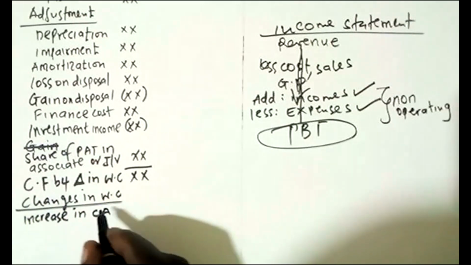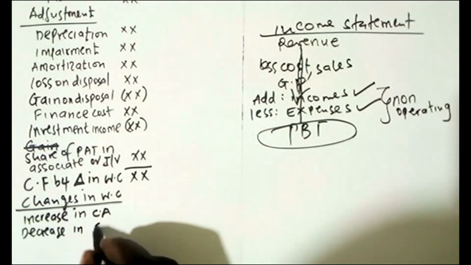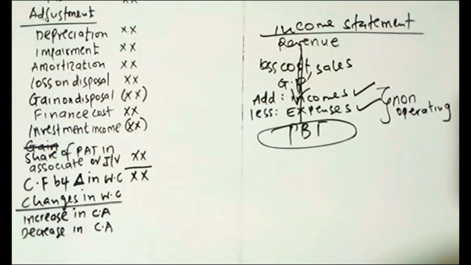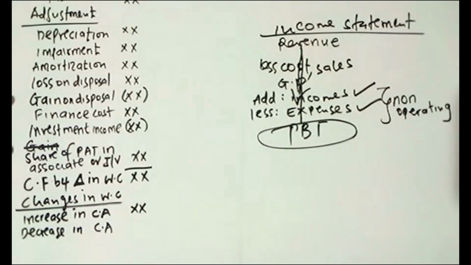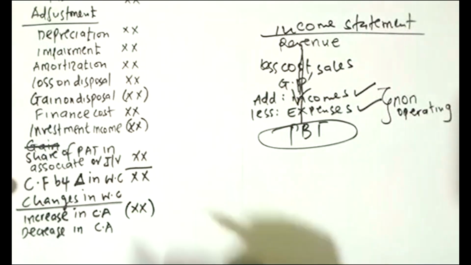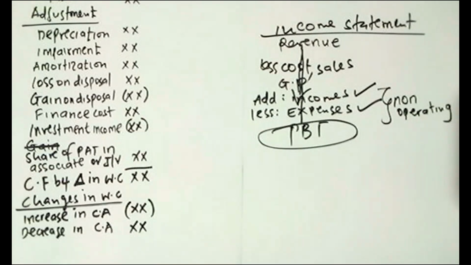Now from this point, I will be considering from the perspective of either cash inflows or cash outflows. For an increase in current assets, it means that there is cash outflow. You have paid money to buy stock. A decrease in current assets means that you have sold your stock, so you have received cash.